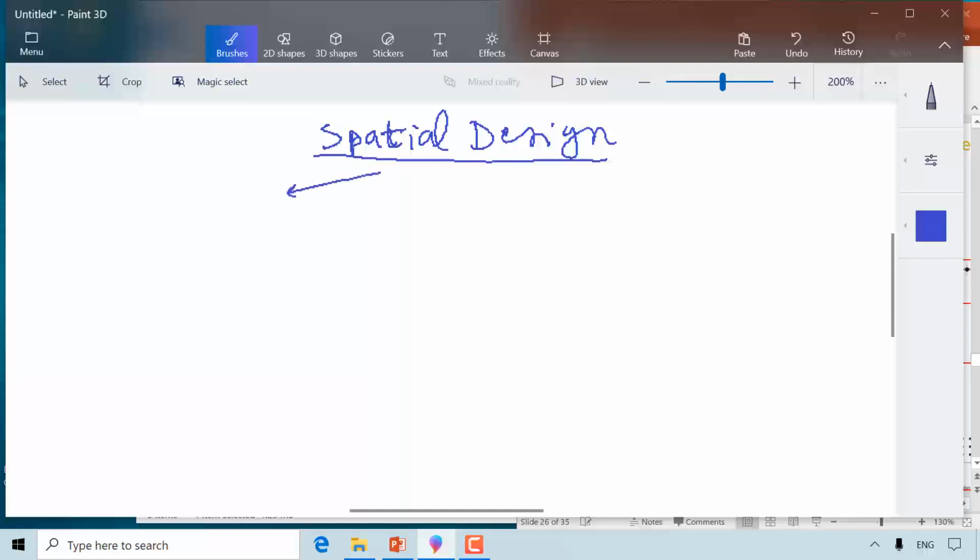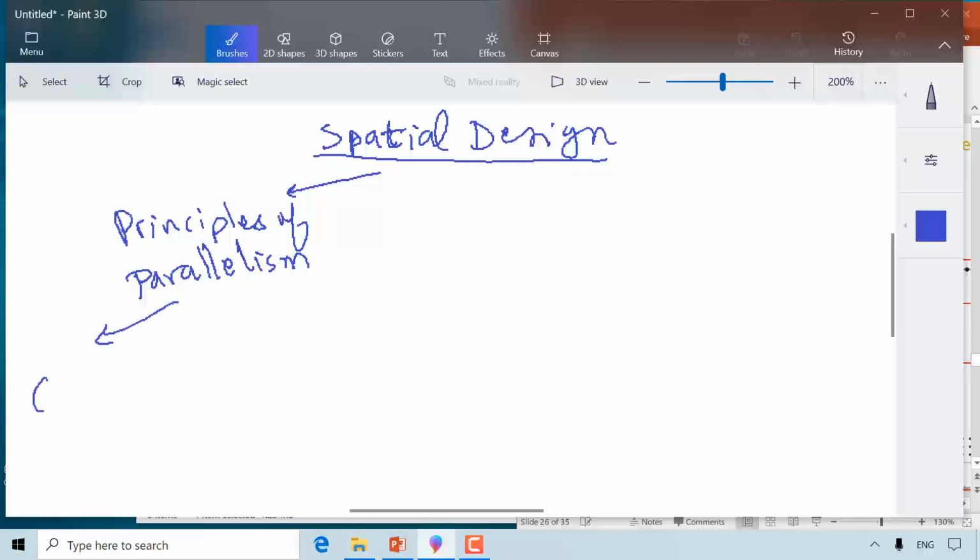First, principles of parallelism, and there we talked about the granularity, the degree of parallelism, and we talked as well about spatial organization.